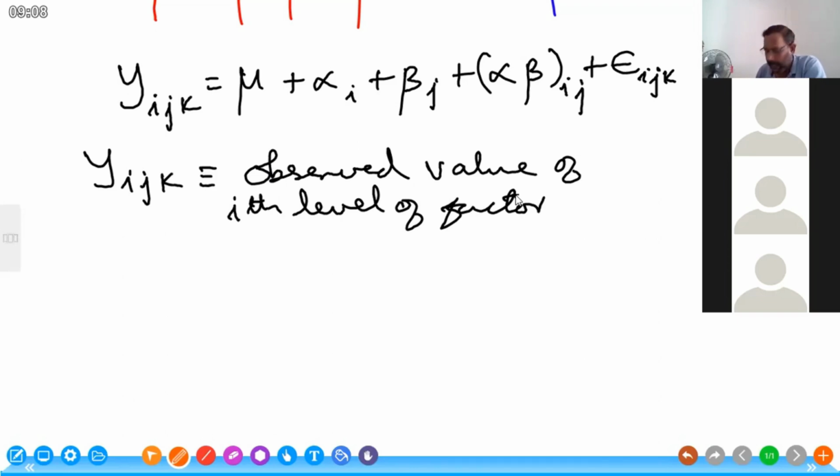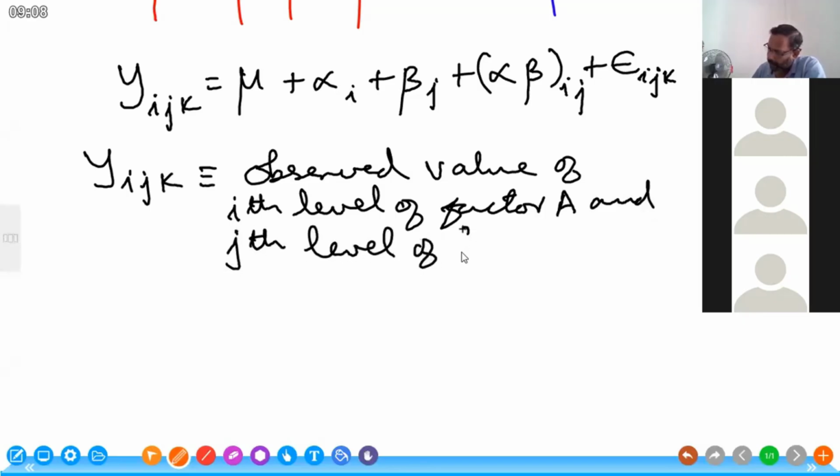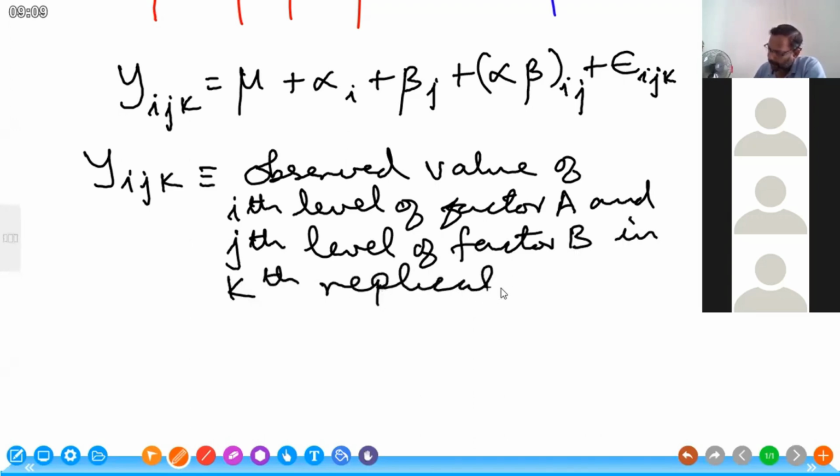We already said A. So we can say observed value of ith level of factor A. What about ith level of factor A and jth level of factor B in kth replicate? This is how we write. Observed value.